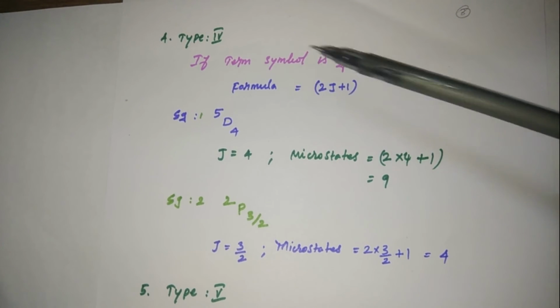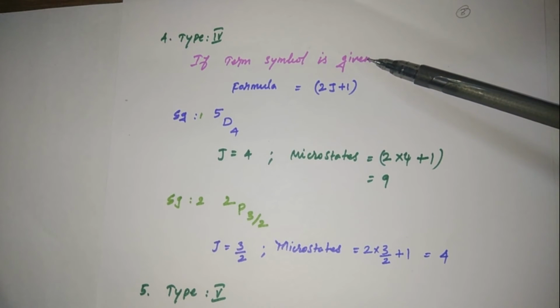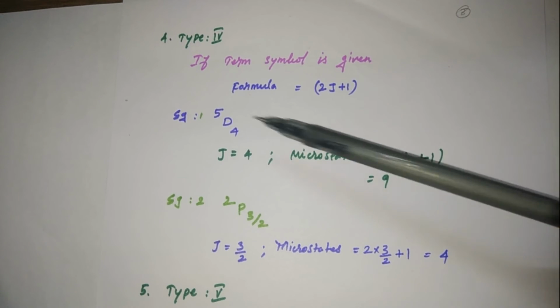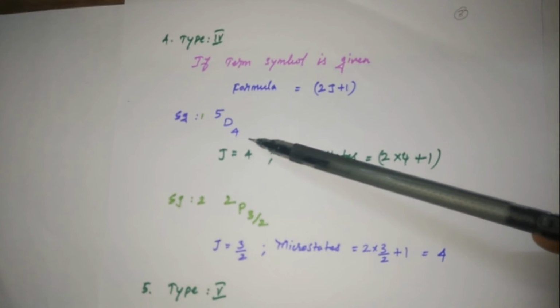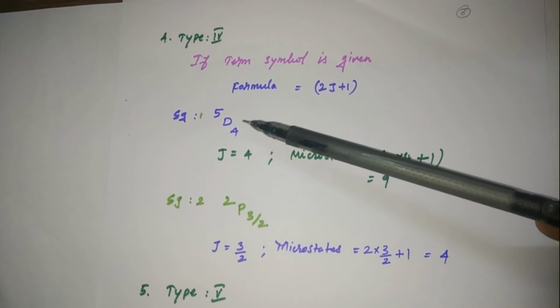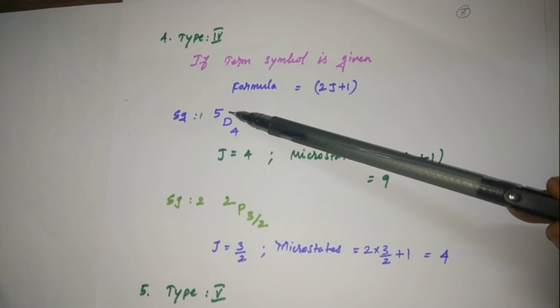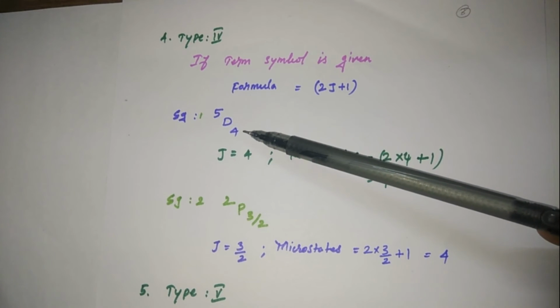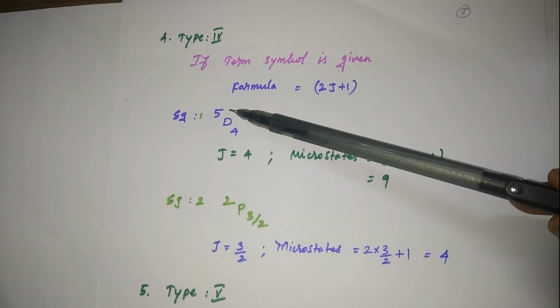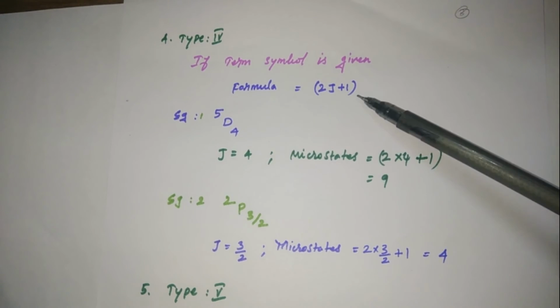Then we see type 4. If the term symbol is given, for example 5D4, it is the formula of 2S plus 1, L, J. The subscript is written as the value of J. The superscript is the spin multiplicity 2S plus 1. So the term is given as 5D4. The total number of microstates can be calculated by the formula 2J plus 1.